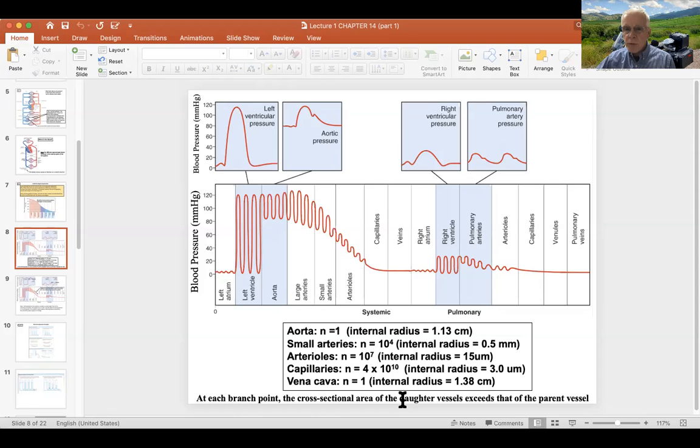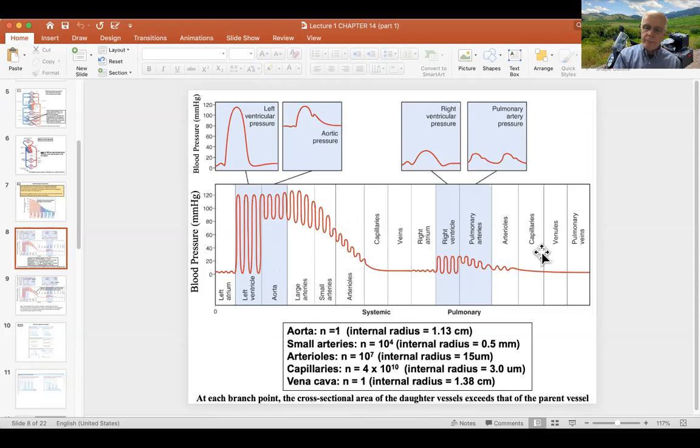There's less resistance to the flow of blood downstream. And finally, the vena cava that returns to the heart, approximately the same internal diameter as in the aorta. So I'm recapping down here. At each branch point, the cross-sectional area of the daughter vessels exceeds that of the parent vessels. So in other words, the cross-sectional area of the arterioles exceeds that of the small arteries, which would be the parent vessels to the arterioles.